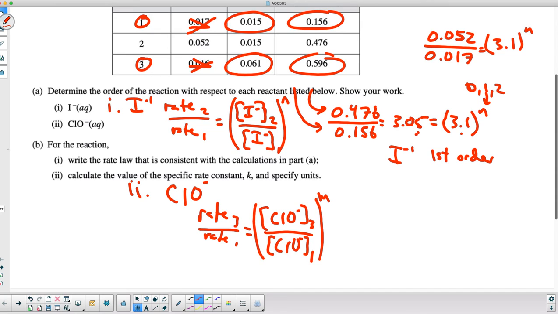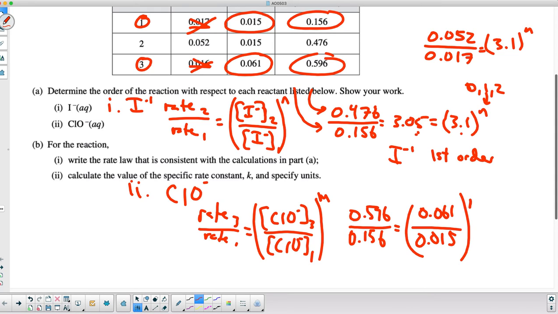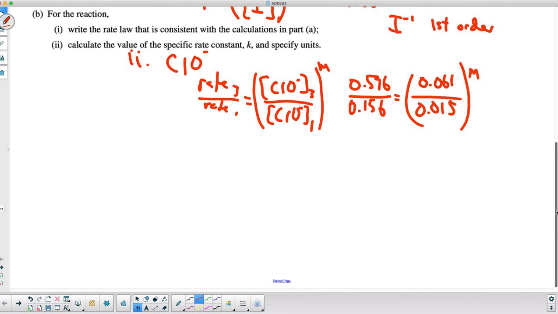So the rates: 0.596 is rate 3, and the rate of 1 is 0.156. That equals the concentration 0.061 over the concentration 0.015, all to the m power.